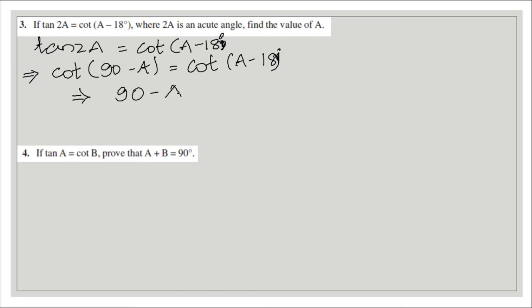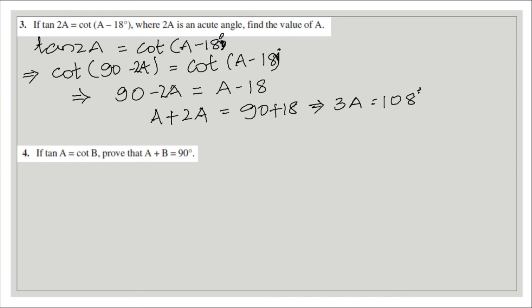So 90 minus 2A equal to A minus 18. Transposing minus 2A to the right hand side, we get A plus 2A, and minus 18 to the left hand side, we get 90 plus 18. This implies that 3 times angle A is 108 degree, which implies angle A is 36 degree. So the value of angle A is 36 degrees.